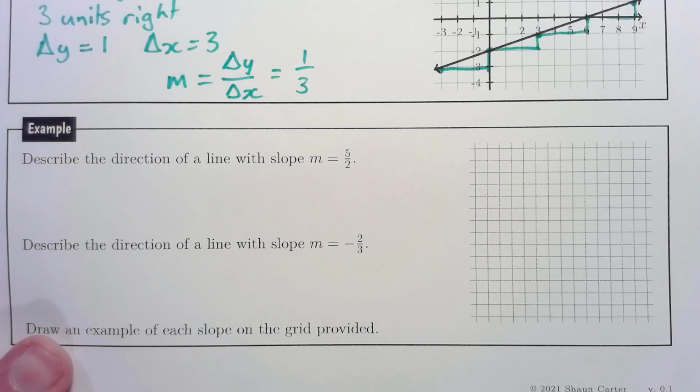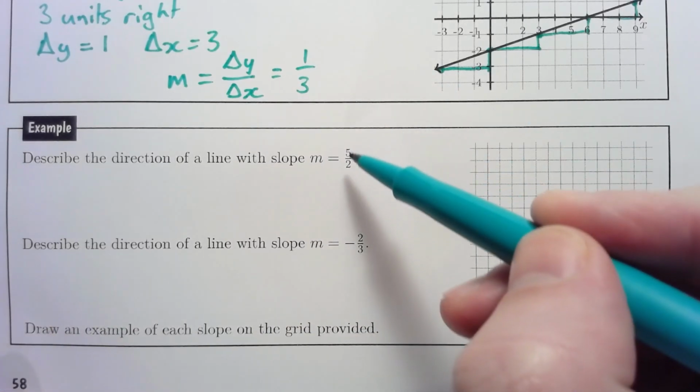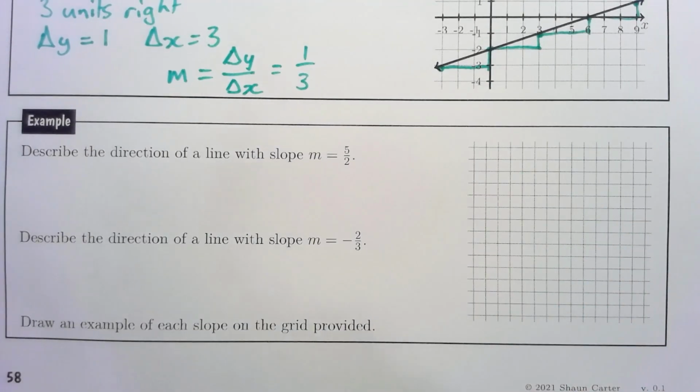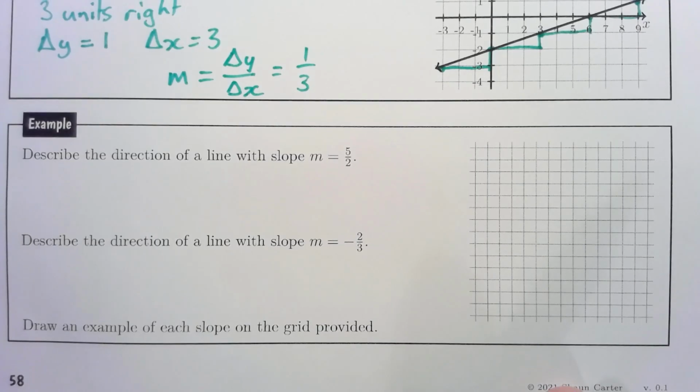For the next question, it asks us to describe the direction of a line with slope 5/2, or 5 over 2, and describe the direction of a line with slope -2/3.